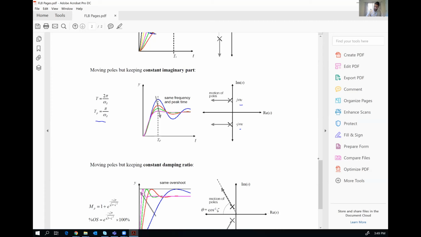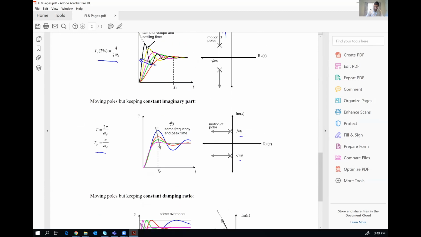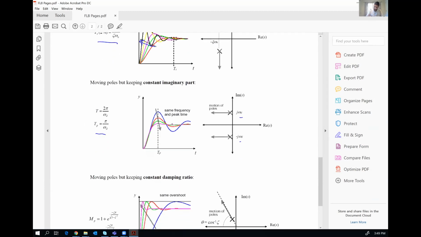However, if the real part of the pole increases, then my system is going to settle faster because the settling time is going to reduce. So if I go further away from the imaginary axis, my settling time will be faster.